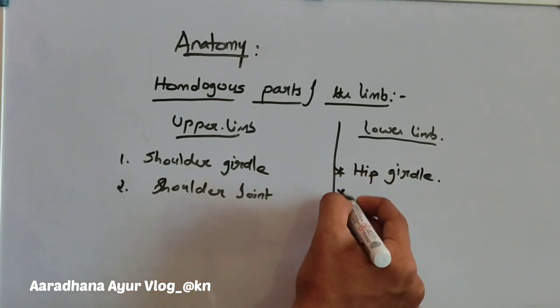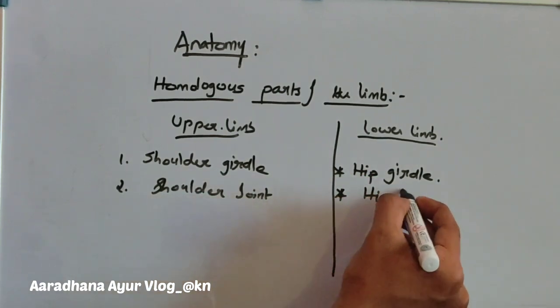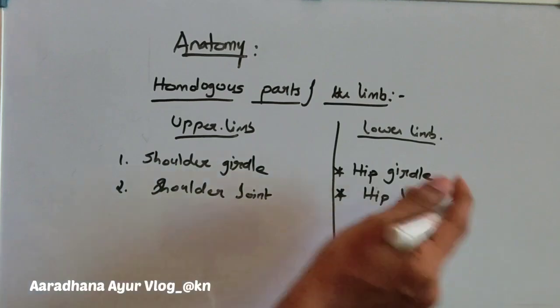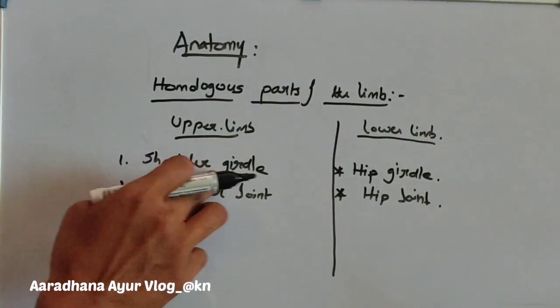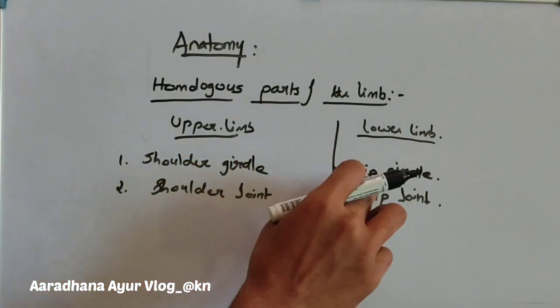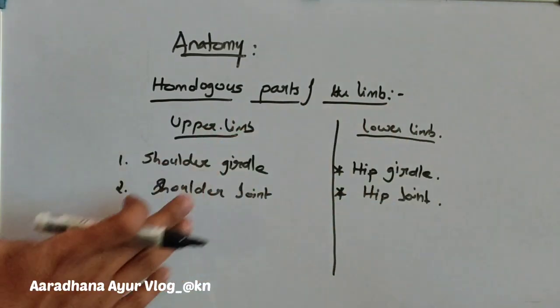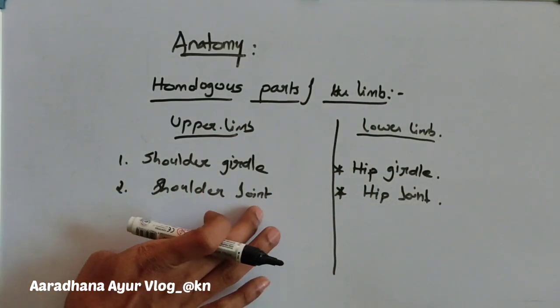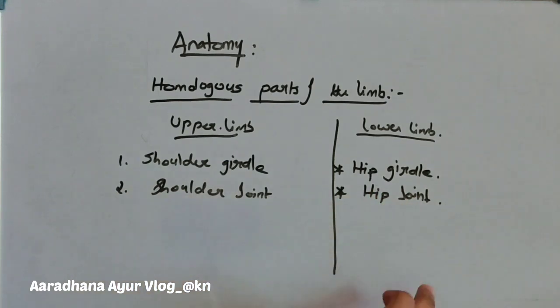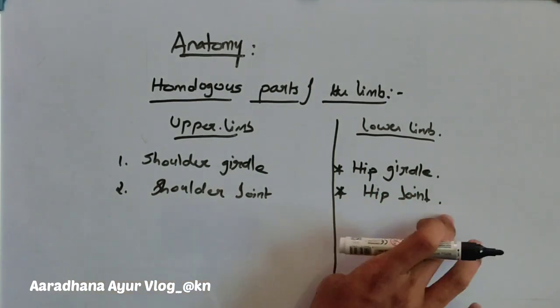Similarly, in the lower limb, it is related to the hip joint. So it is very easy to remember: the shoulder girdle is related to the hip girdle, and in the upper limb the shoulder joint is homologous to the lower limb's hip joint.